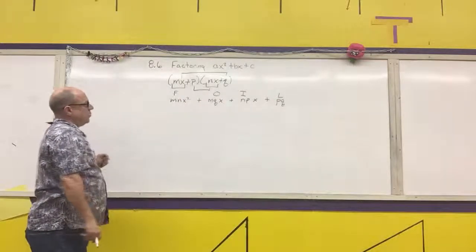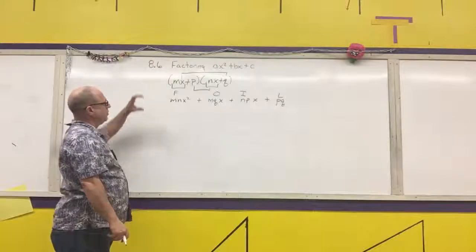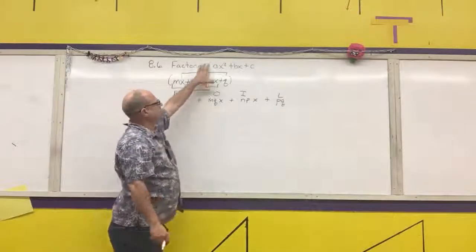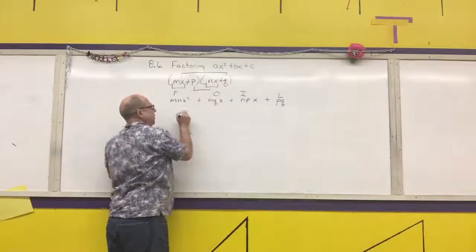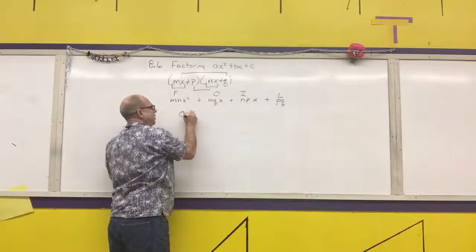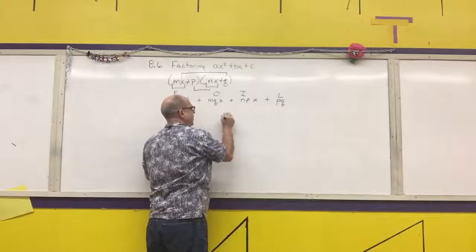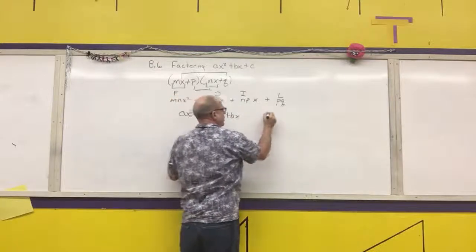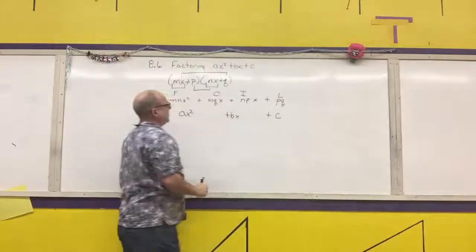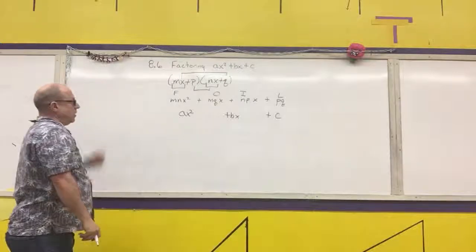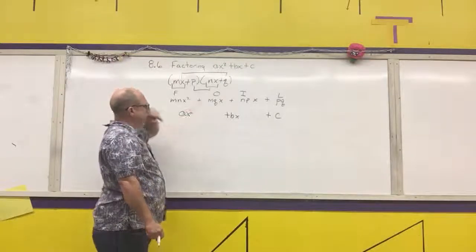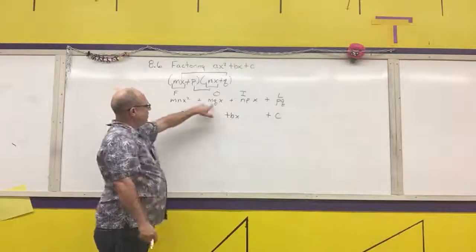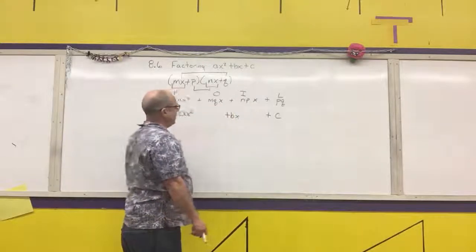What I want to do now is compare this with the multiplied out form. So that would be ax squared plus bx plus c. Nothing in common here, nothing in common there.